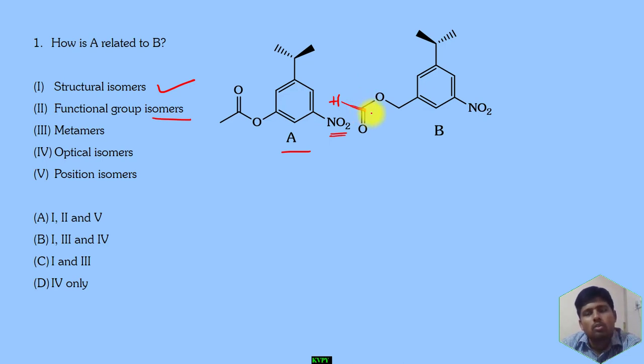But please know that when you name it according to IUPAC rules, we are going to name it as a formate only, because ester is a principal functional group. So if this is formate, that's ester then. So here it is ethanoate. So this is also ester. So functional group is same. So it cannot be a functional group isomer.